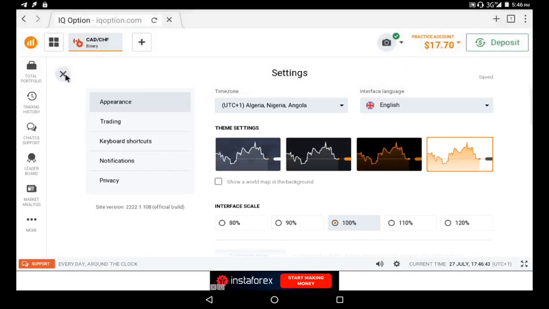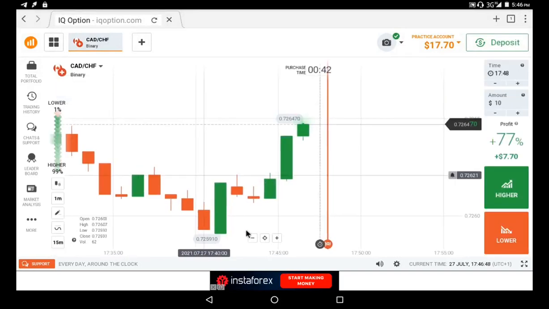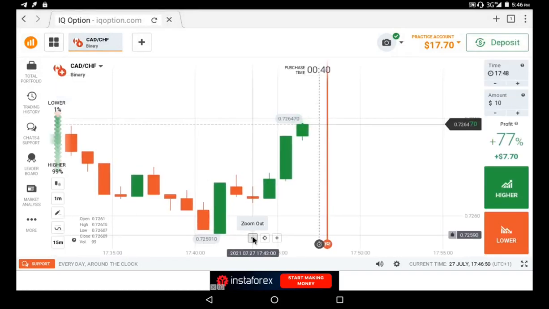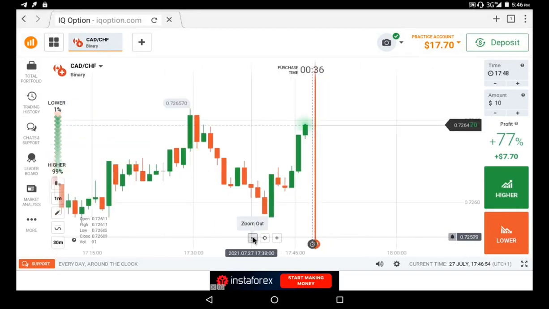If you are seeing a strong buying force in the market, you will see a gap up, and if you are seeing a strong selling force in the market, you will experience a gap down.